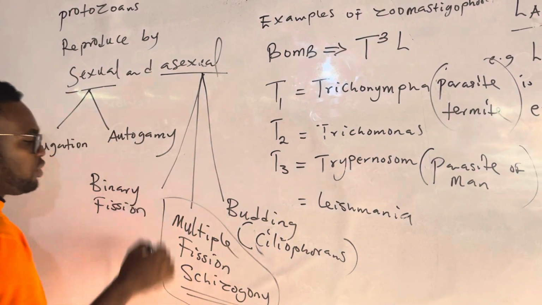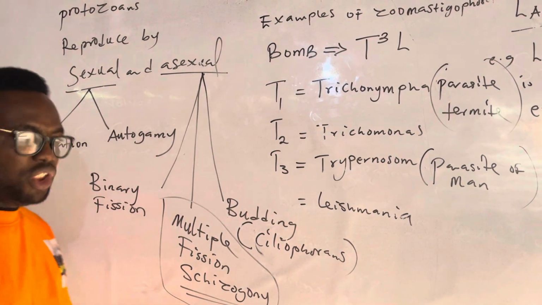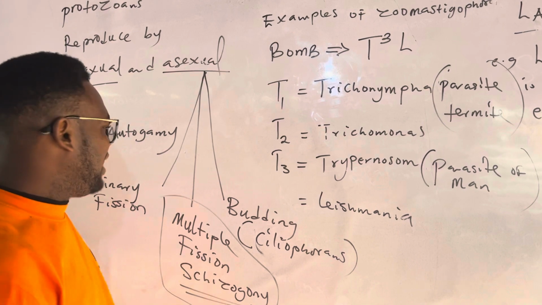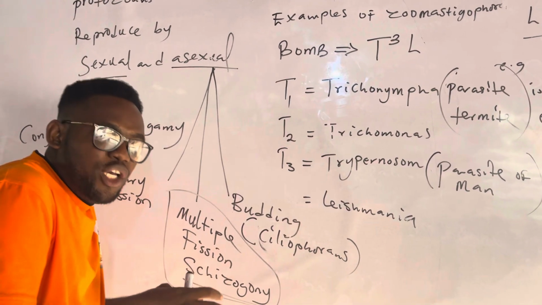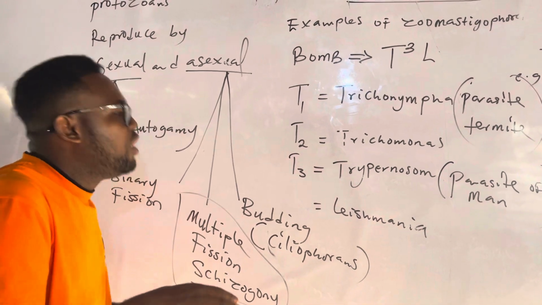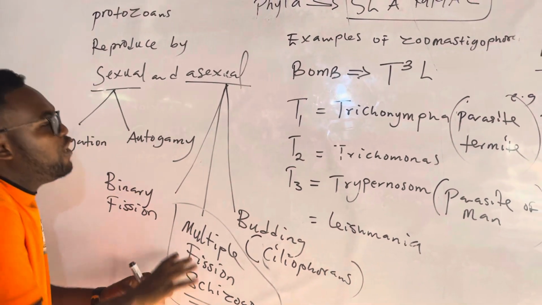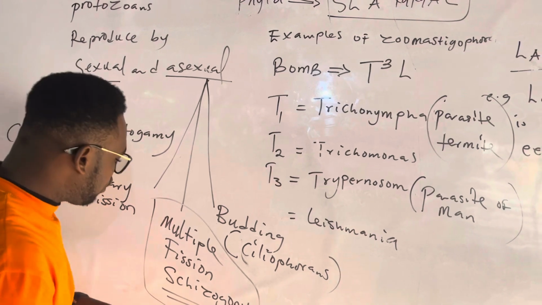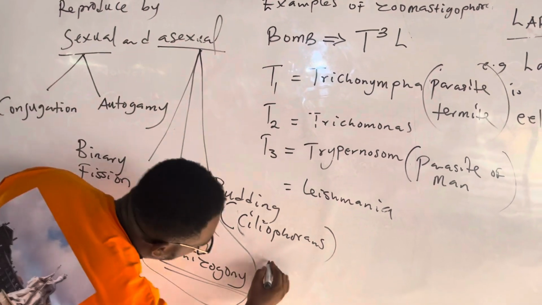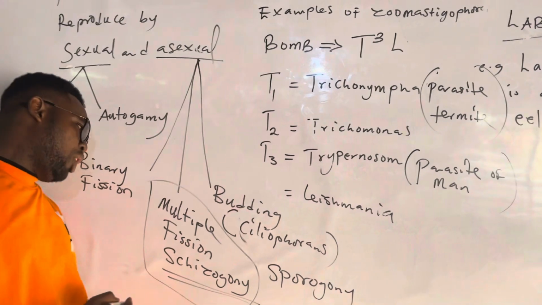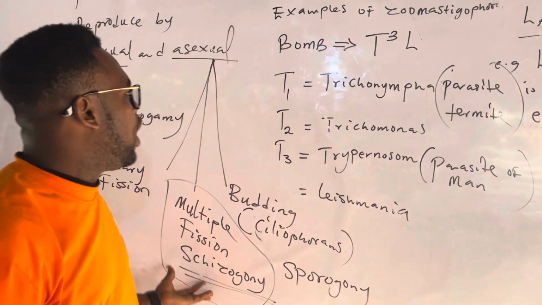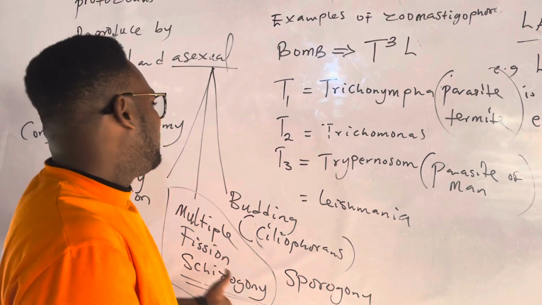Multiple fission is also called schizogony. Another thing I want to tell you, when multiple fission involves fusion of gametes, we call it sporogony. Alright, sporogony, when this involves fusion of gametes.